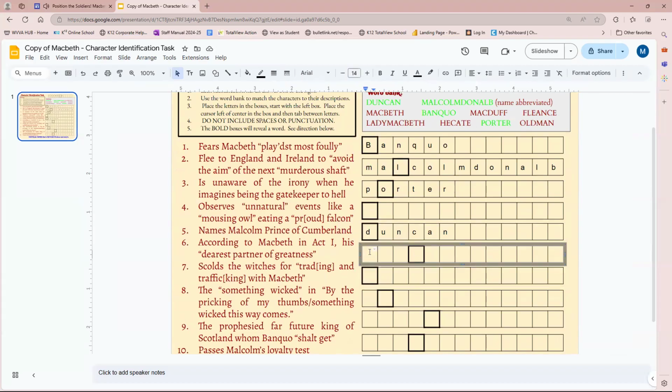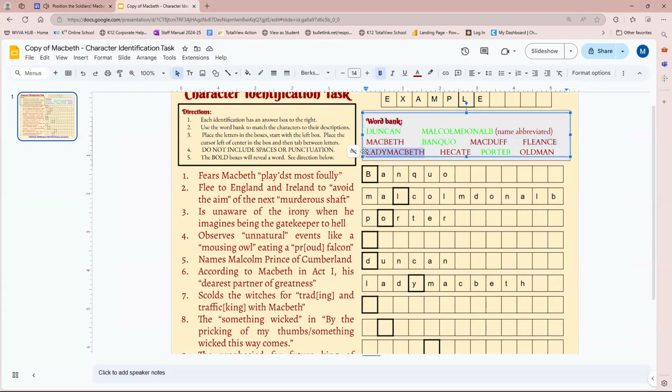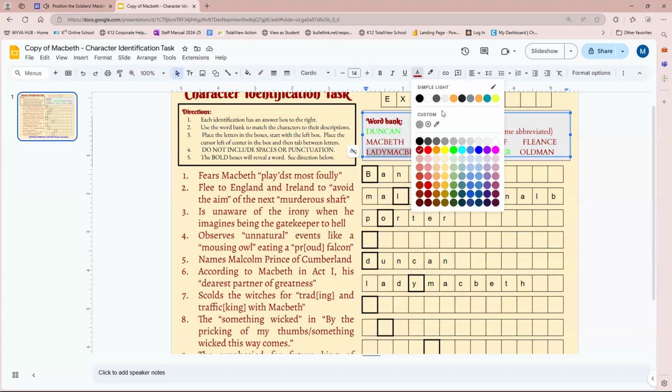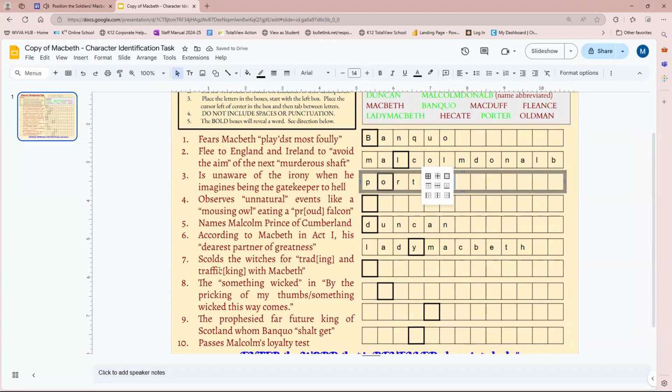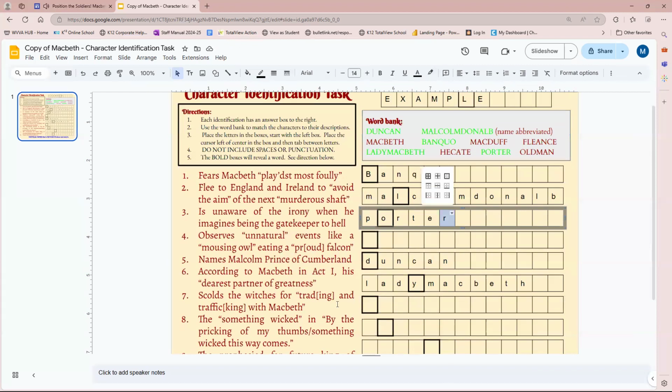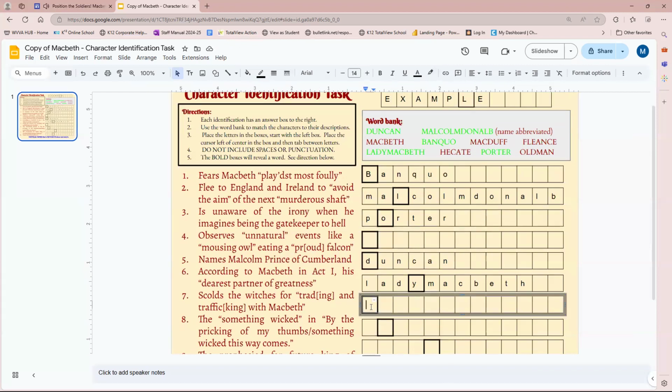And that would be Lady Macbeth. That's who he says is his greatest partner. Who scolds the witches for trading and trafficking with Macbeth? Their boss, which is Hecate.